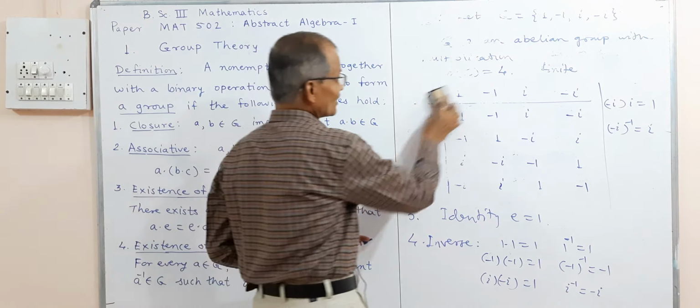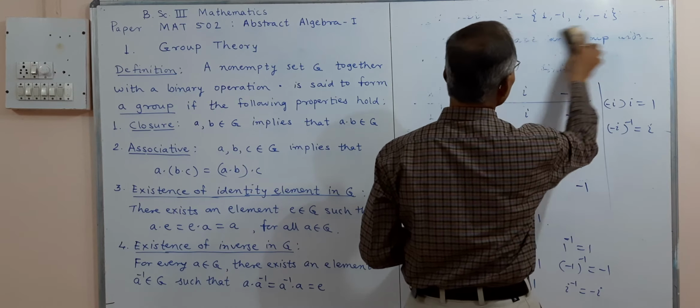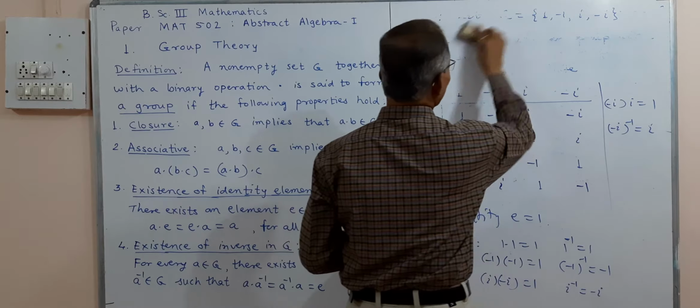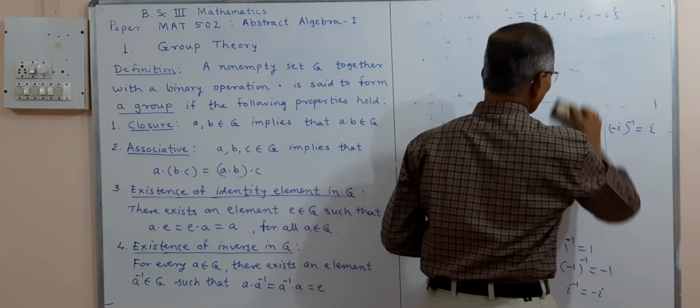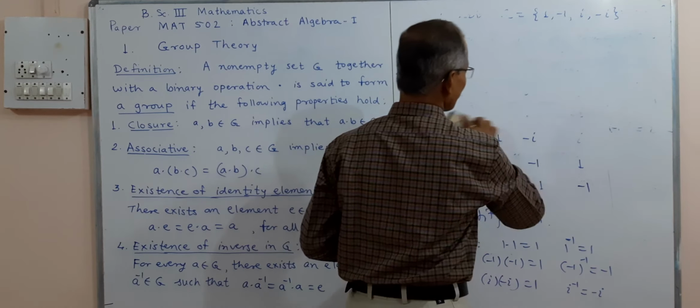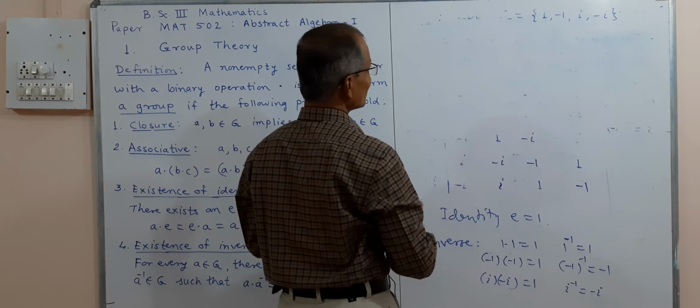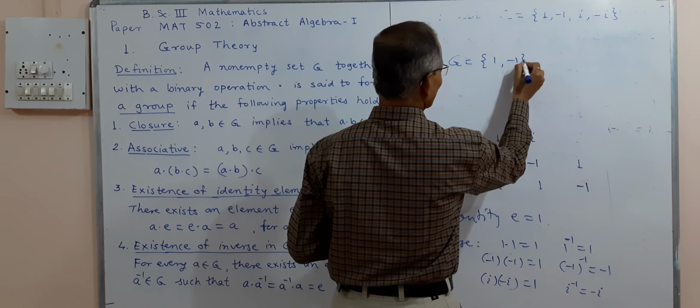So these are some examples we are considering. You may form an example of a simpler group. Instead of 1, minus 1, i, minus i, we may have a finite group, say G equal to 1 and minus 1.